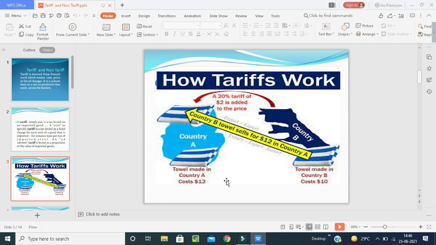The demand is there, but the production is low. So they are purchasing the goods from country B. That means a country B towel sells for $12 in country A. How? Because the cost is 10 and the $2 is nothing but the 20% tariff. That means $2 is added to the price. To that price they add the taxes, the tariffs, and it comes to $12. So the tariffs, the taxes, have been added to those goods, so that there is a win-win situation between the domestic country and the host country.